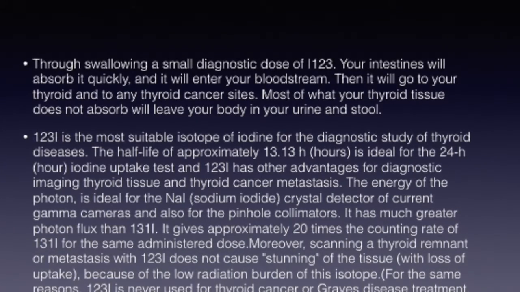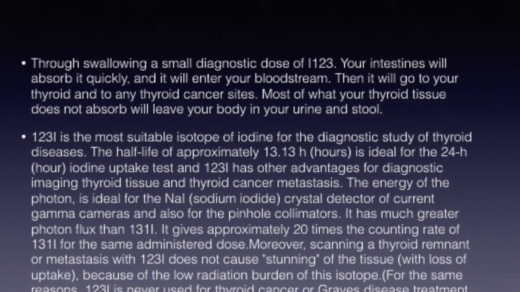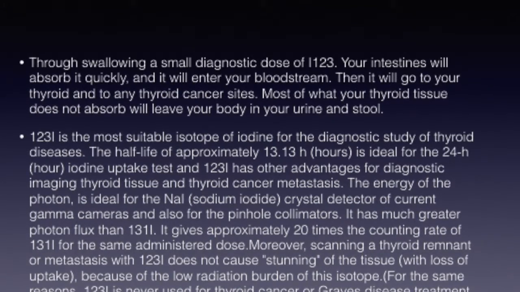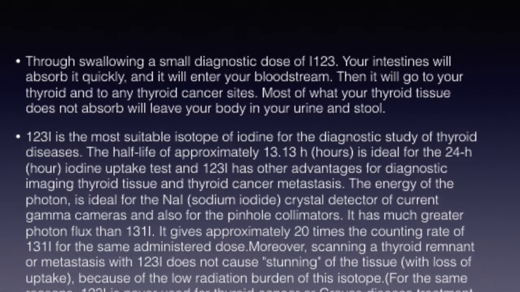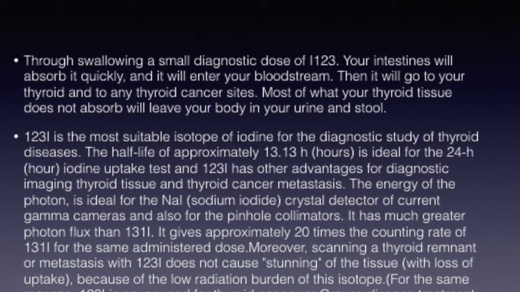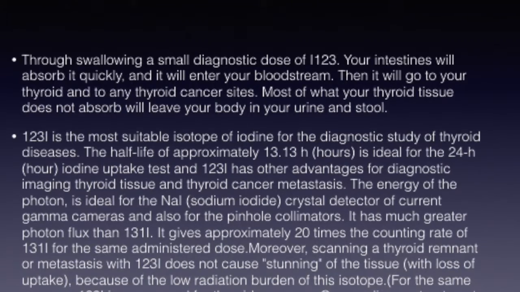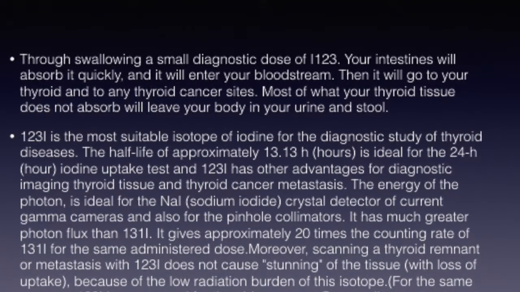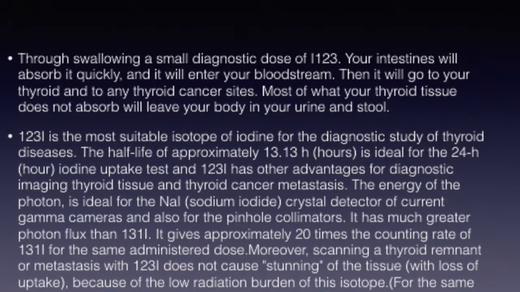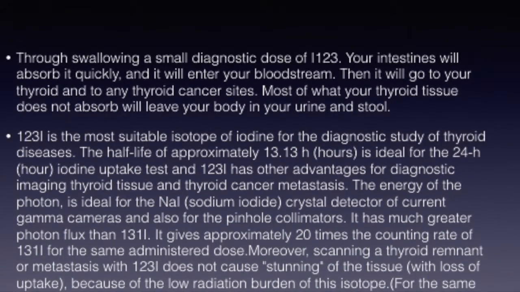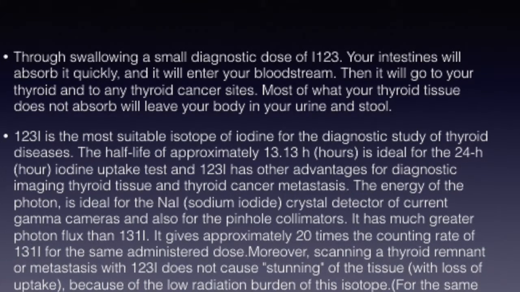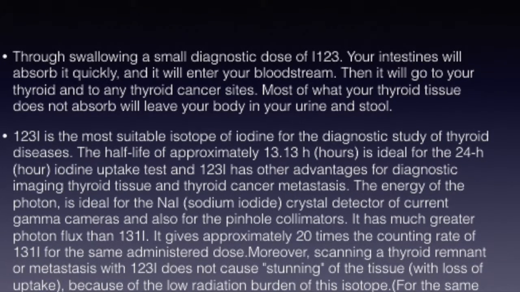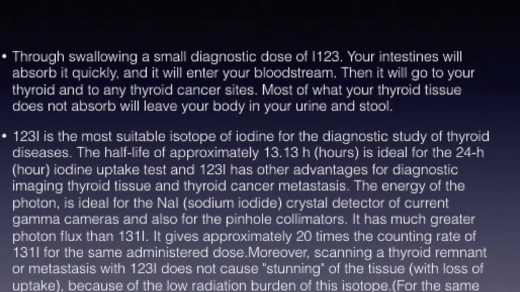Iodine-123 is the most suitable isotope of iodine for the diagnostic study of thyroid diseases. The half-life of approximately 13.3 hours is suited to the 24-hour iodine uptake test, and iodine-123 has other advantages for diagnostic imaging of thyroid tissue and thyroid cancer metastasis.